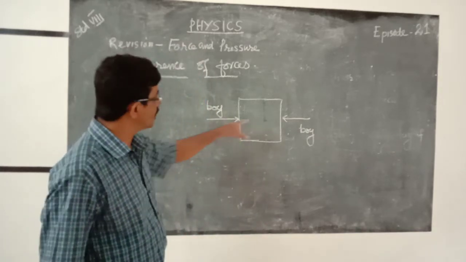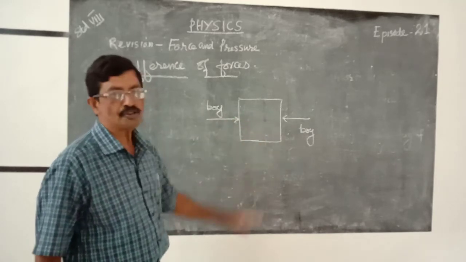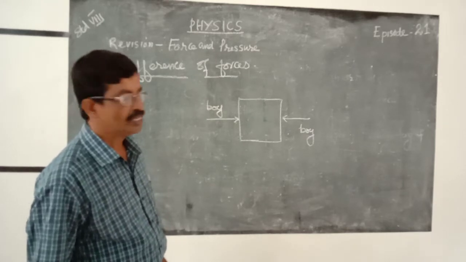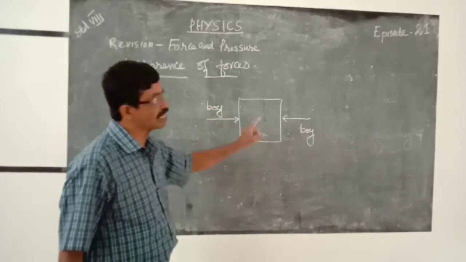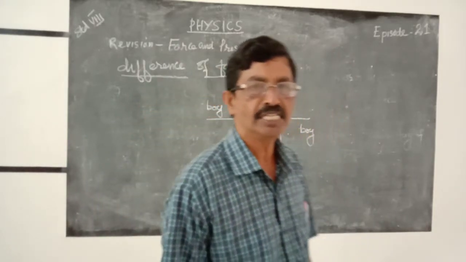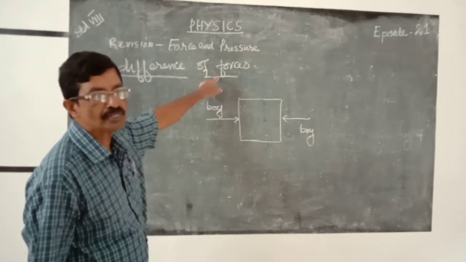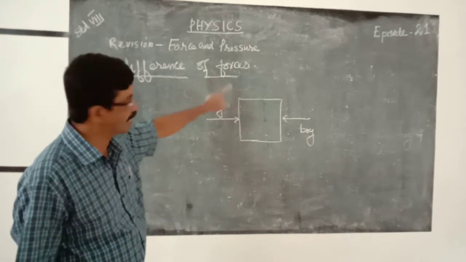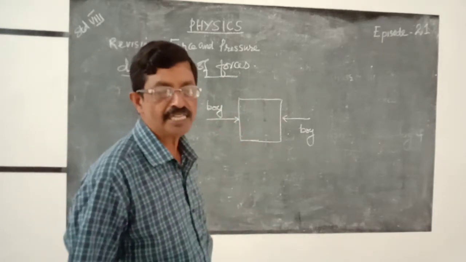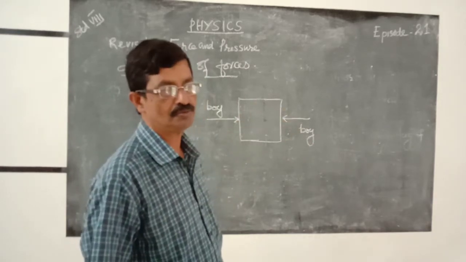So the resultant force or the net force acting here we take as the difference. Here the forces are acting not in the same direction but in the opposite, so we take the difference of the forces as the net force, and in whichever direction that net force is acting, in that direction the table moves.